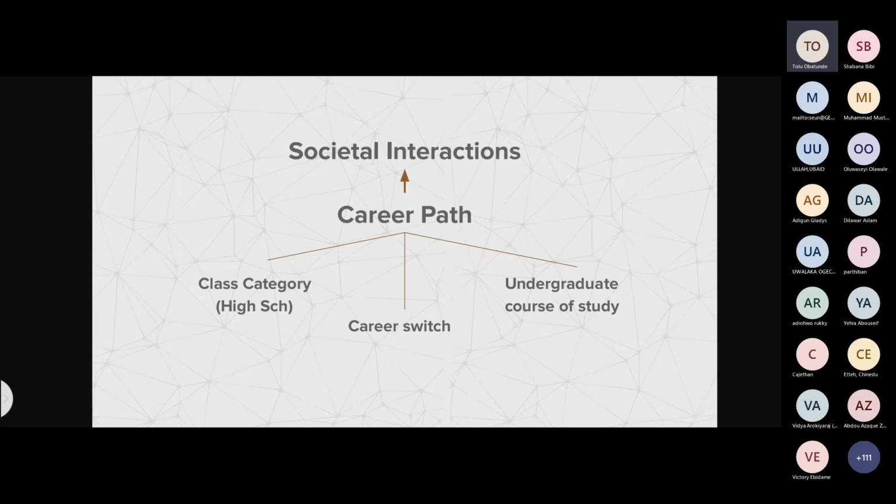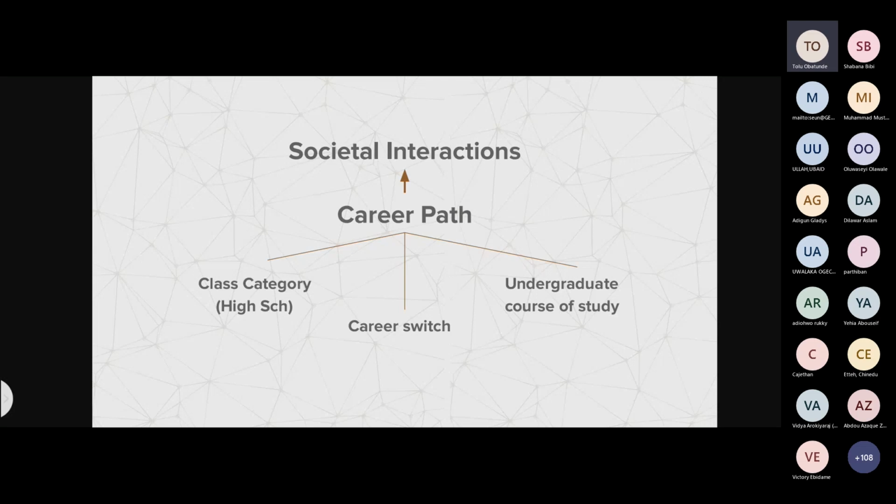We have your class category, especially when you're in high school, when you're still learning a lot and you're about to make a decision on the particular kind of class category you want to journey with. Particularly in Nigeria here, we have class categories divided into three major parts.